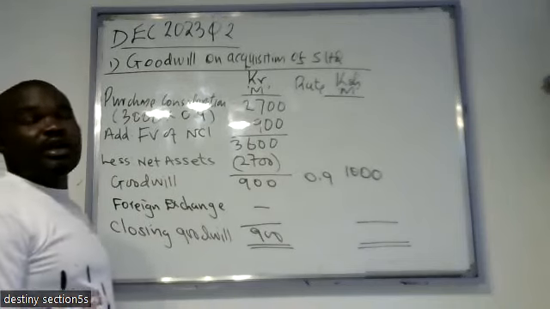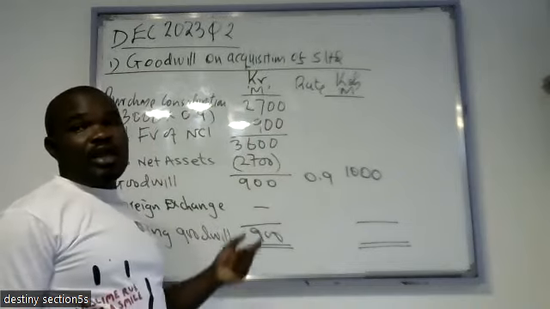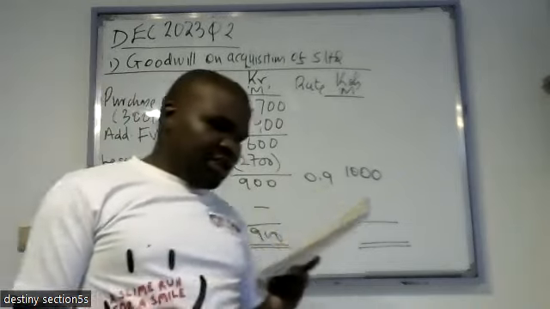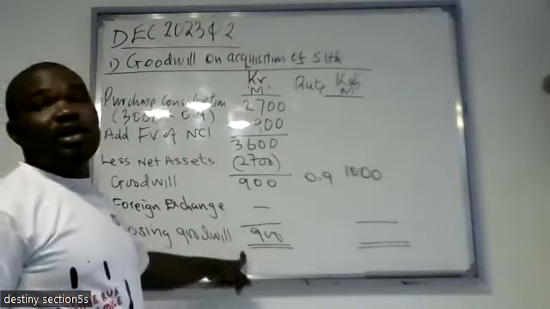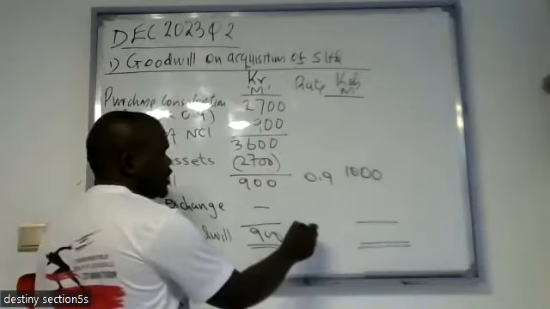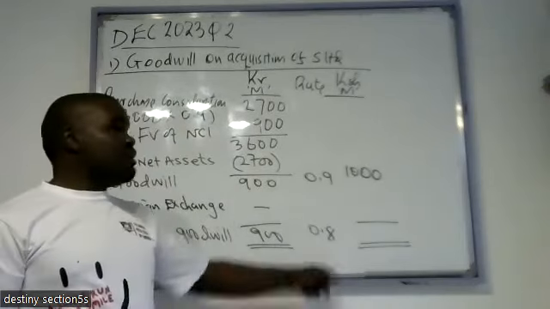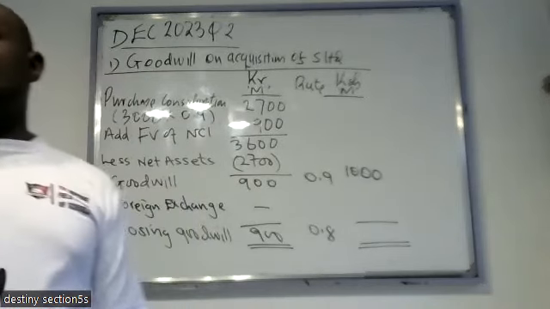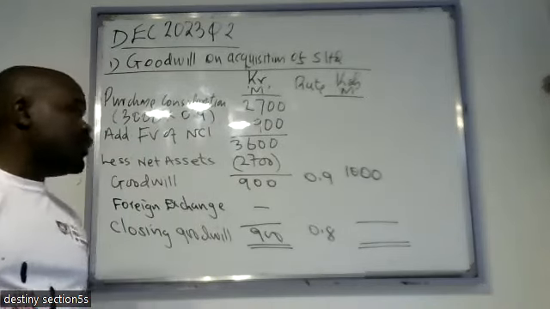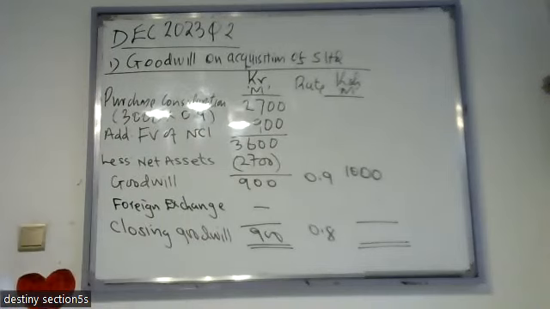But what was the closing rate? Because we are checking now at the end of the year. The closing rate in this question was 0.8. So this closing goodwill should be translated at 0.8. So what is 900 divided by 0.8? What do you get? So that will be the value at the balance sheet date, and that is what should go to the balance sheet.